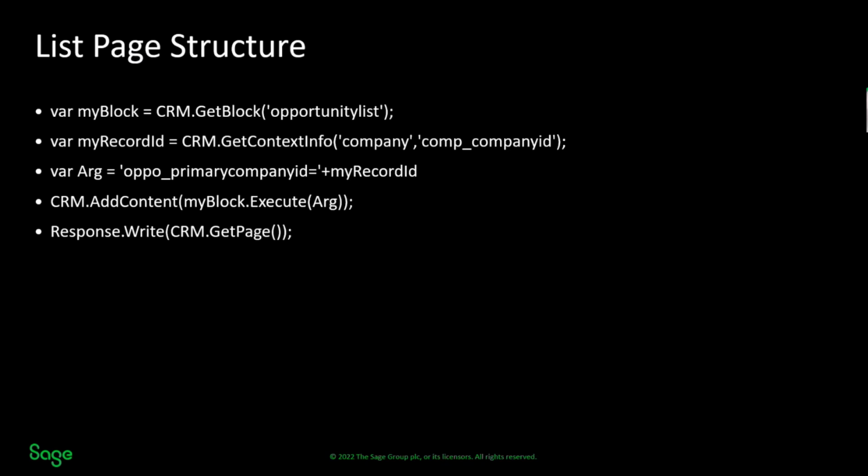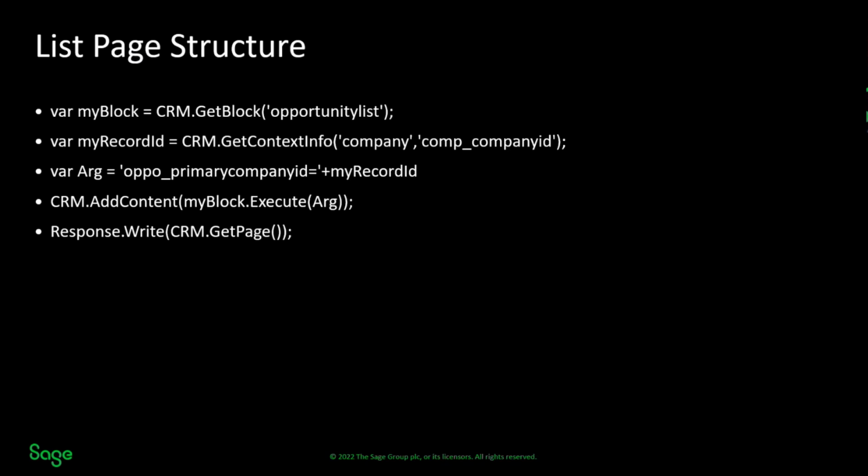Now, one of the interesting things about Sage CRM in the COM API is that it knows that it's got to render out a Sage CRM page. So it knows it's got to build the top content area. It knows it has to build in the navigational area.